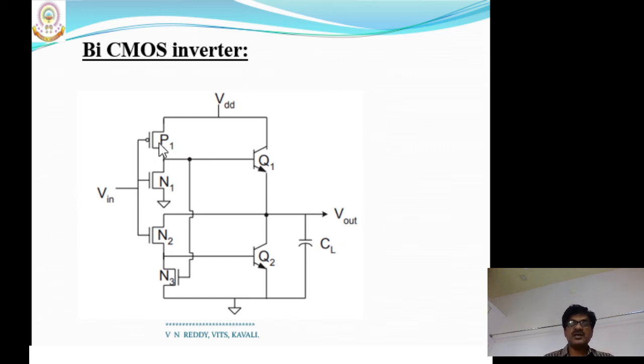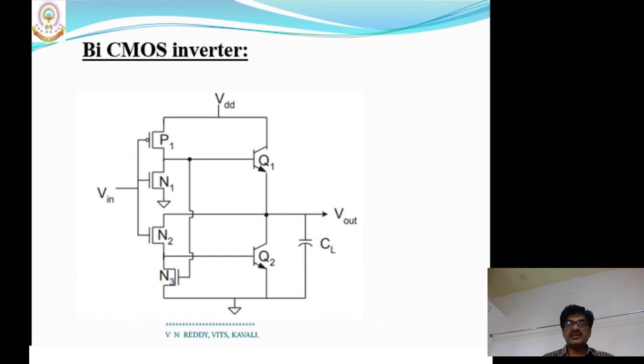And if you observe, the transistor N1 drives the base of transistor Q1. Since it is in on state, transistor Q1 goes to off state, because its base is grounded through the N1 transistor.